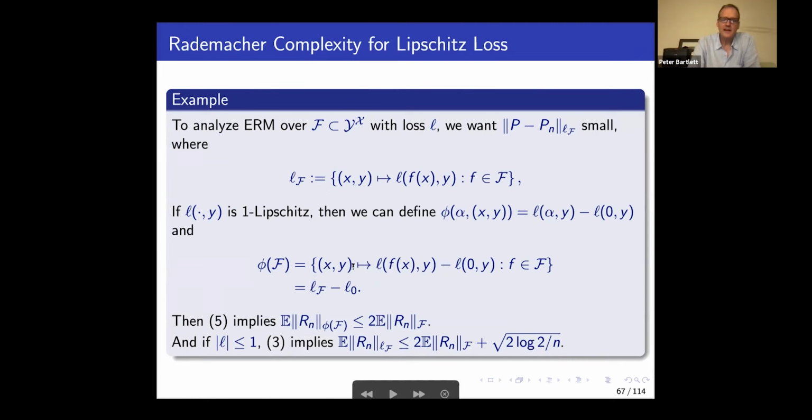The class we're thinking about now is the composition of our functions with the loss function, and I'm going to subtract the loss when f is 0, just so that my function phi takes value 0 when its first argument is 0. This is the technical condition we need. But all I'm doing is adding in some fixed function. It doesn't make any significant difference. So this is our loss class now, modulo this fixed function.